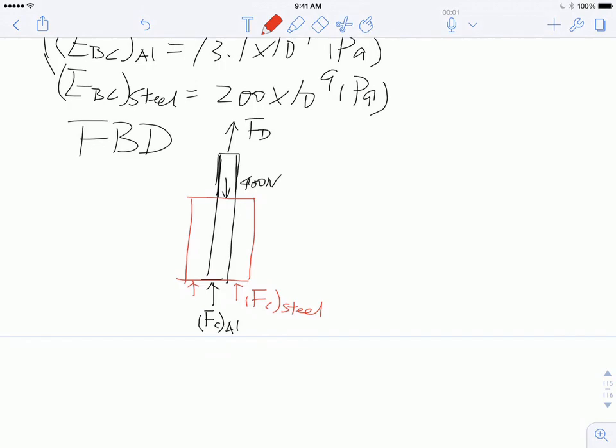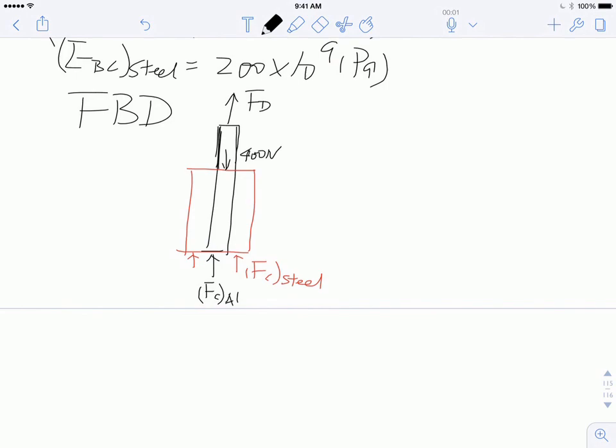Okay, so using this free body diagram, automatically we have one equation that can be solved. The force going up, F_D plus F_C, the aluminum portion, plus F_C, the stainless steel portion, that should equal to what?